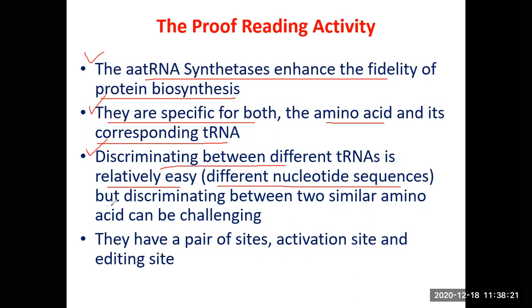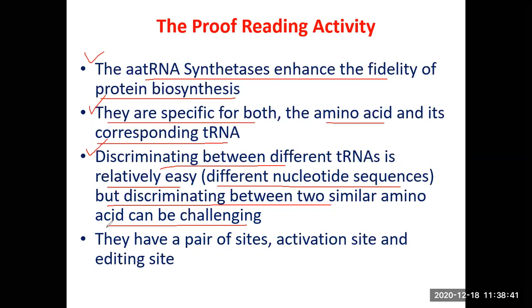But discriminating between two similar amino acids can be challenging. For example, valine and isoleucine differ by only a methylene group, CH2. Discriminating between these two structurally very similar amino acids can be challenging for the enzyme.